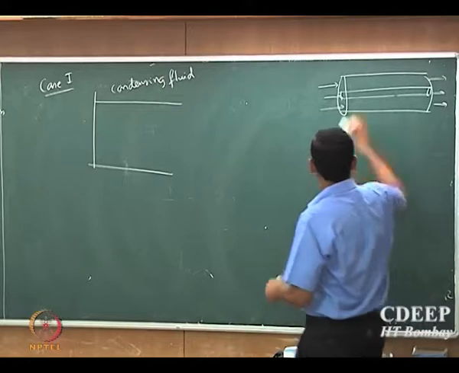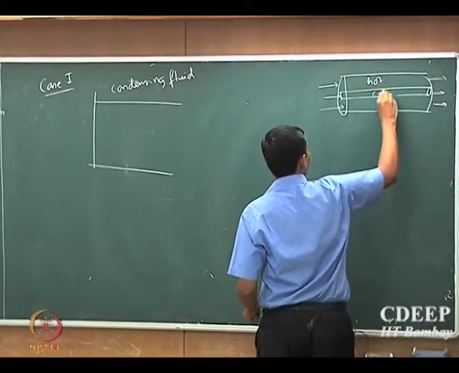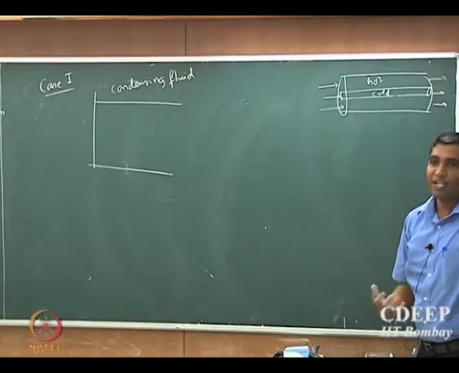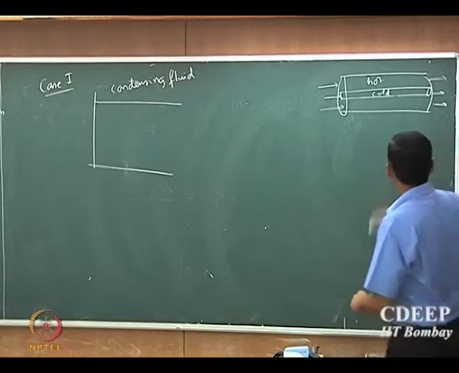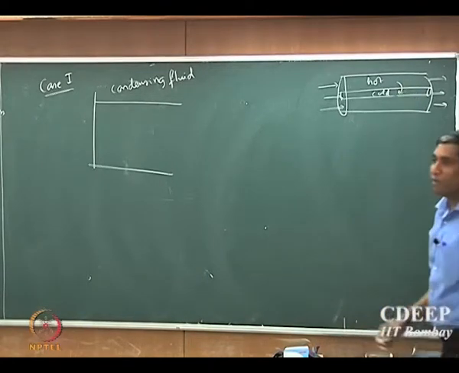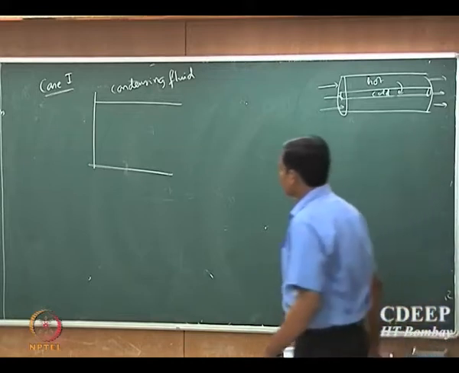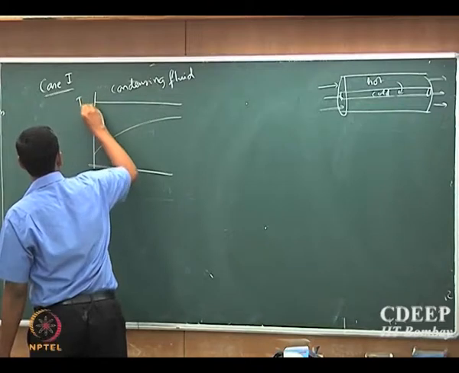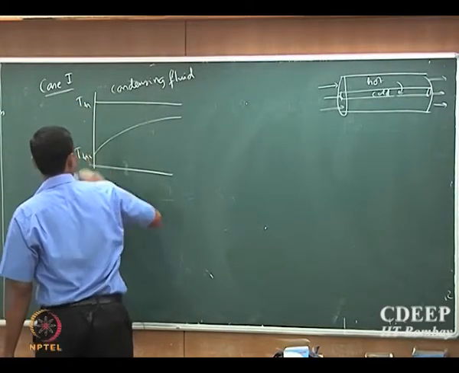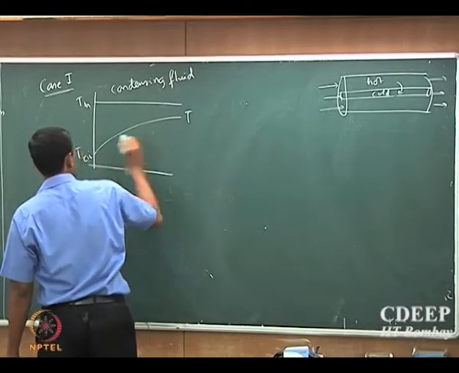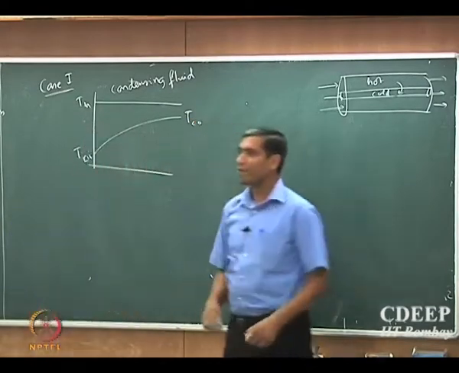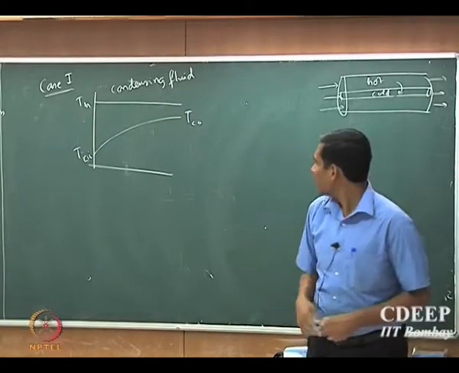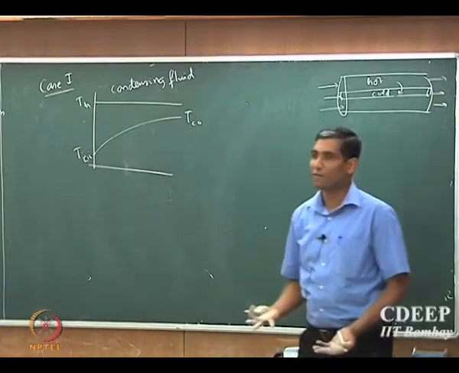Supposing this is my hot fluid and this is my cold fluid, the hot fluid liberates the latent heat by changing its own phase, and that heat is transported to the cold fluid which is being heated up. Supposing I have a parallel flow, that's my hot fluid inlet, and that will be my cold fluid outlet temperature. So you can have a situation where the temperature is almost constant in one of the chambers, and that's a typical case when you have a condensing fluid.